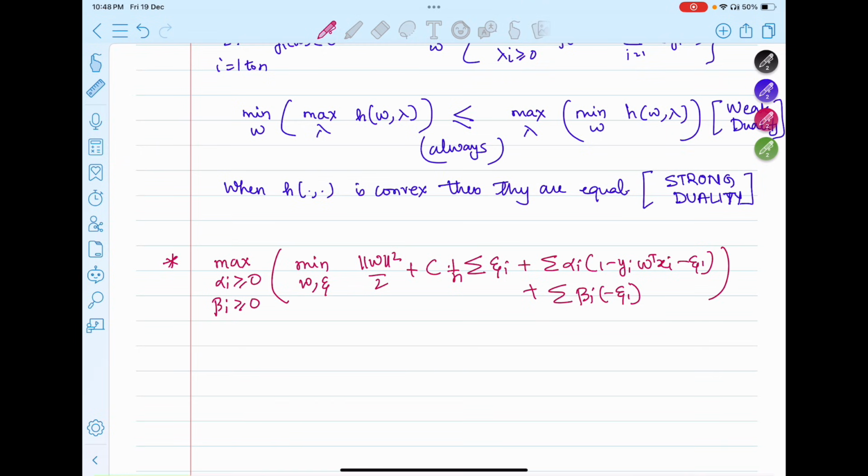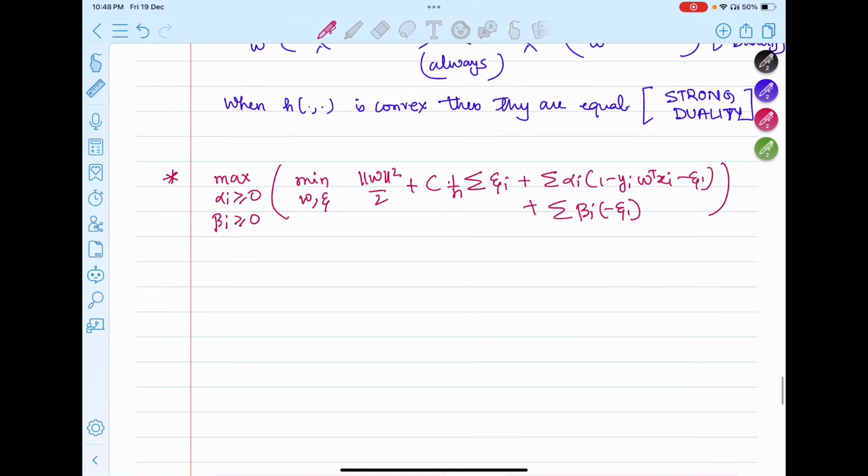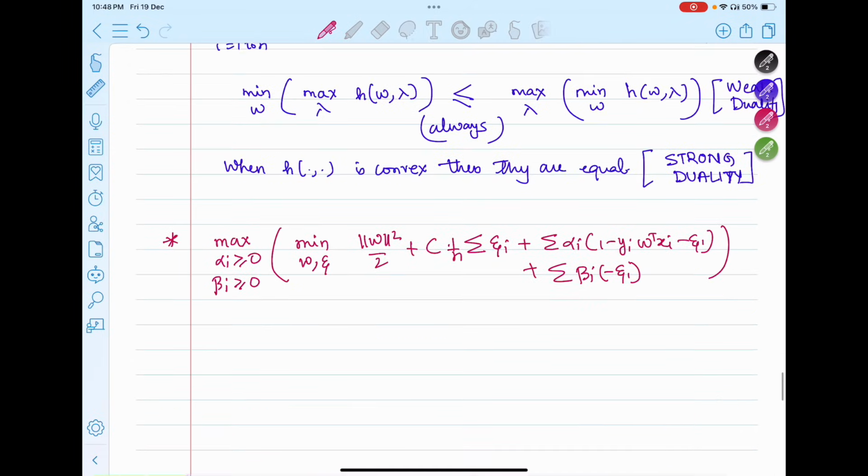Please go back to these equations and see why this is the case. It's very easy. Instead of lambda_i's, I have taken alpha_i's and beta_i's. That's all. I can consider this entire thing as L, which is a function of w, zeta, alpha, and beta.